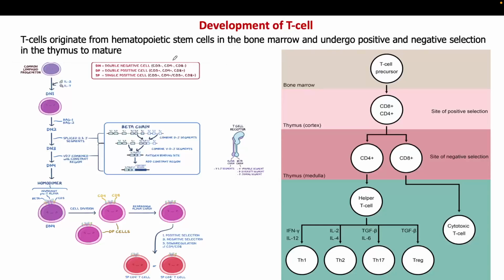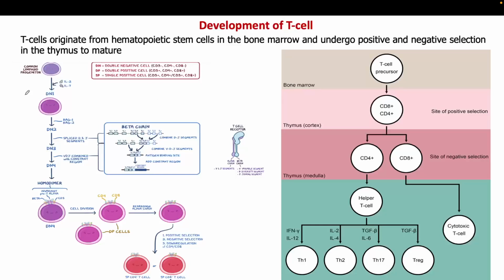Okay, so unlike the B cell, where both the development and the maturation take place in the bone marrow itself, in case of the T cell, it first develops in the bone marrow, and for maturation it will go to the thymus. Okay, so that you have to remember. The maturation of T cell takes place in the thymus, whereas in case of B cell, both things happen in the bone marrow itself.